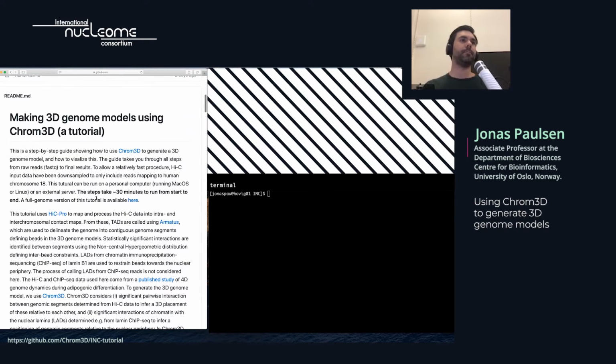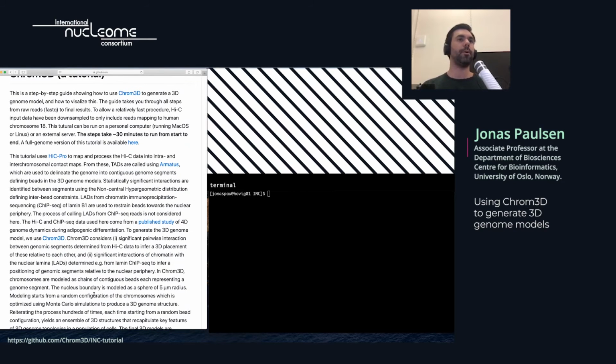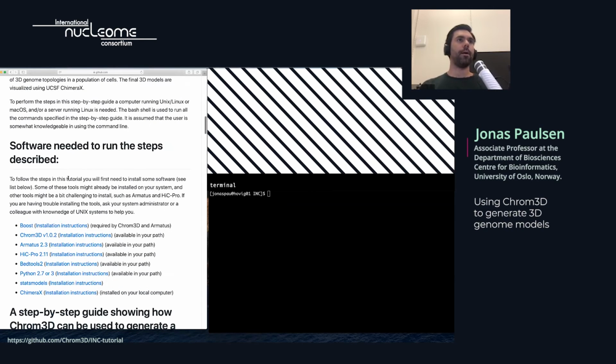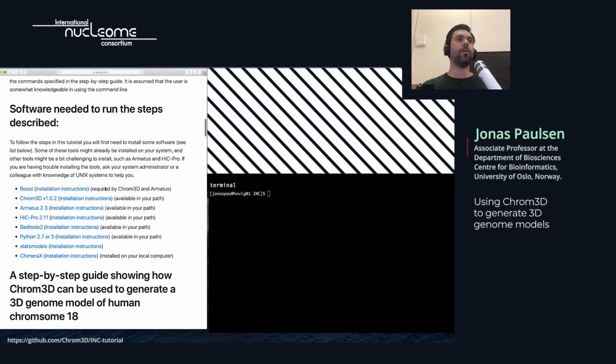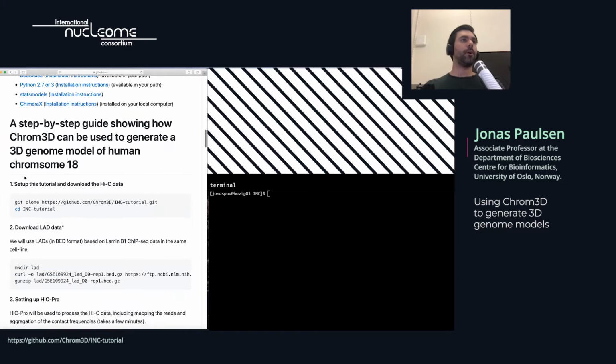There's information about the data that we're using today, where they come from, and so on. There's some more details and links to the various tools that we're going to use, and some more information. There's a list of required software that you need to install before you can run all the steps. So in a short while, we will start with the tutorial.